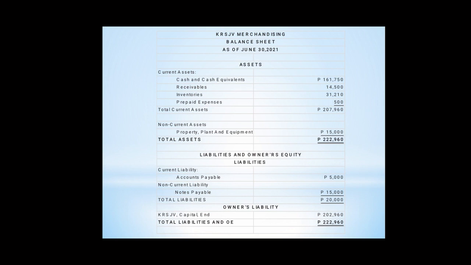In owner's equity, we have Khrushchev capital, end. So the total is 202,960. So the total liabilities and owner's equity is 222,960, which is the same as the total amount of the total assets.